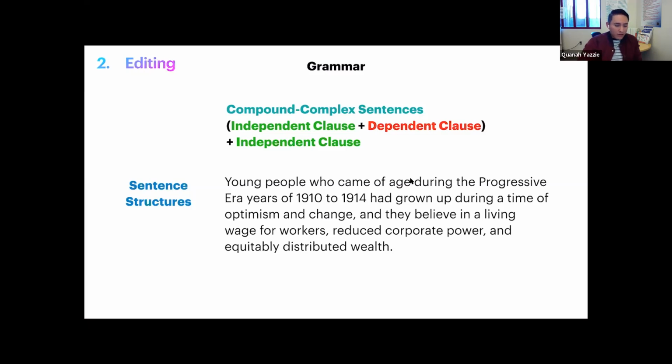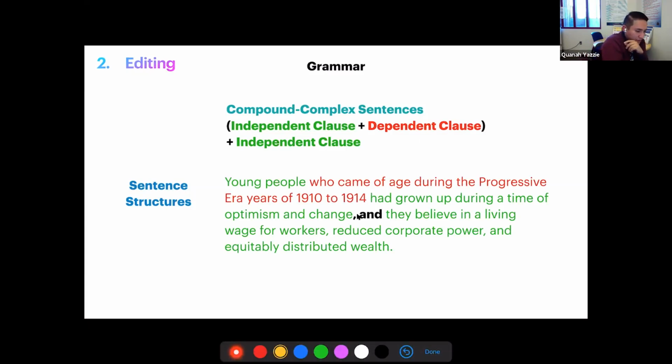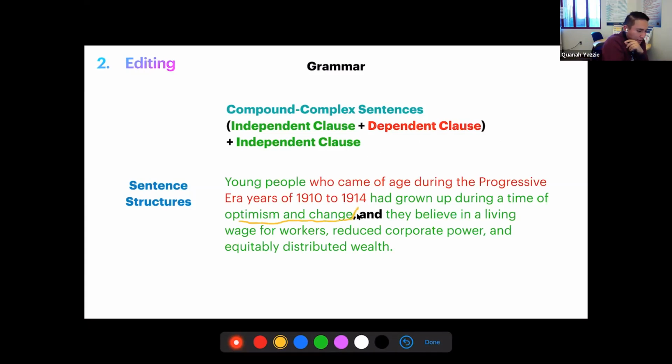distributed wealth. So if we were to color code this with independent versus dependent, this is how it would look. And here, using that same rule from before where we fit the dependent clause within the independent clause, it's happening here. I'll mark it here. From this portion up to here, this is matching this here.